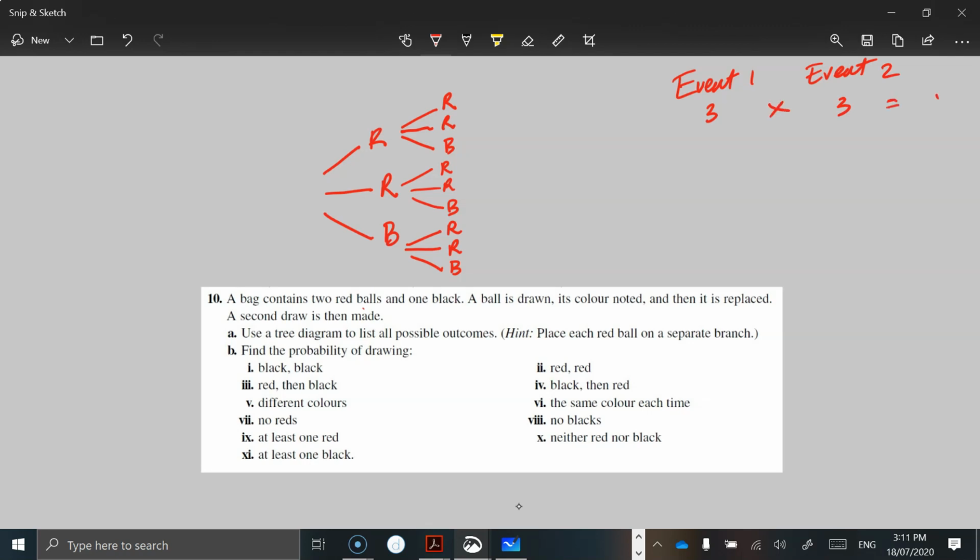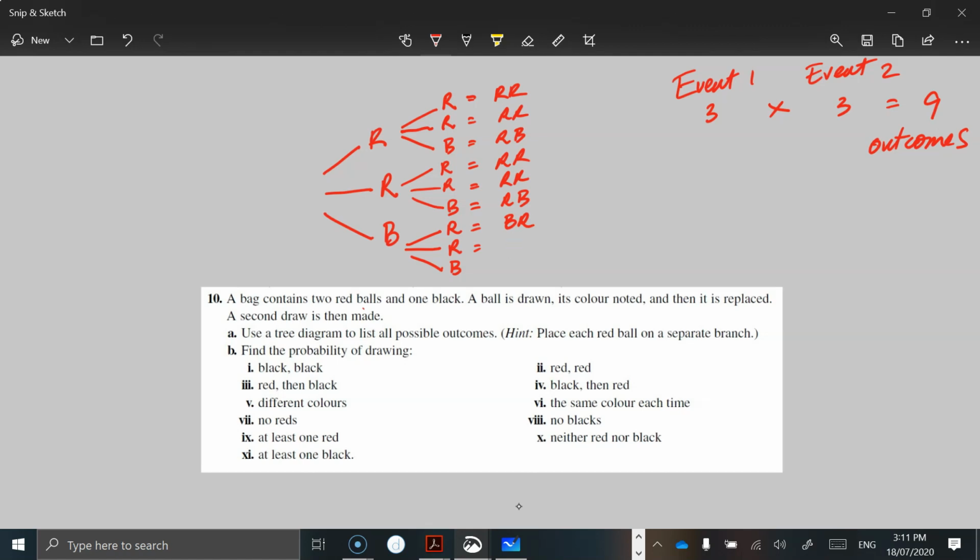So 3 times 3, we're going to have 9 total possible outcomes. Okay, so the first one, we're going to have 2 reds. The second one, we also have 2 reds. The third one, we have a red and then we have a black. The fourth one, we have 2 reds. Fifth one, 2 reds. Sixth one, we have a red and then a black. Then we have a black and then a red. Then we have another black and then a red.